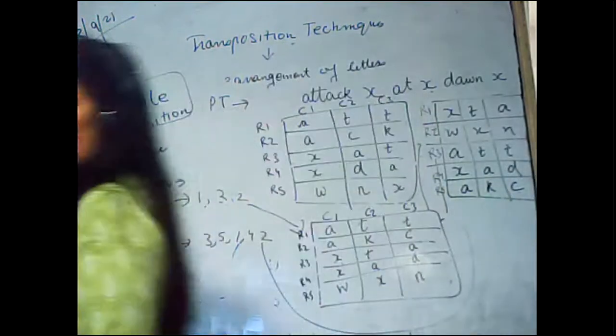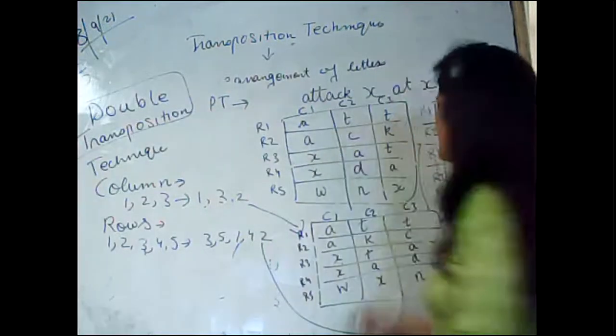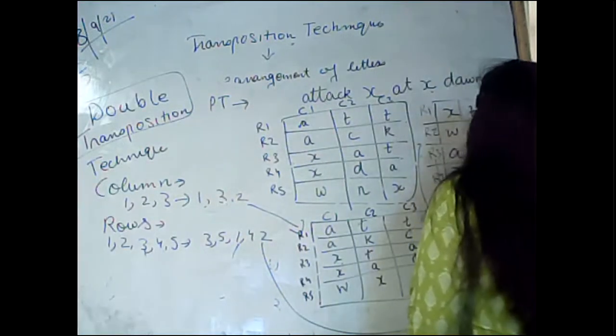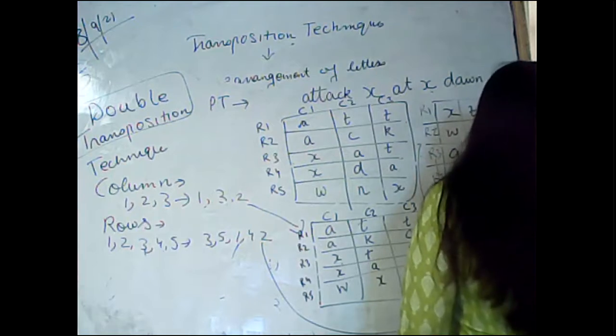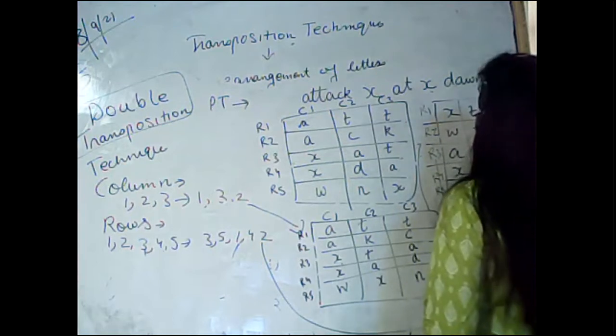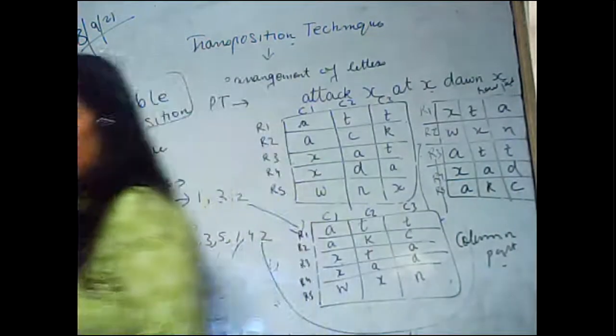So this is how we have performed the double transposition here. One is done on the column part, and another one on the row part. Okay, so this is how we do this transposition technique.